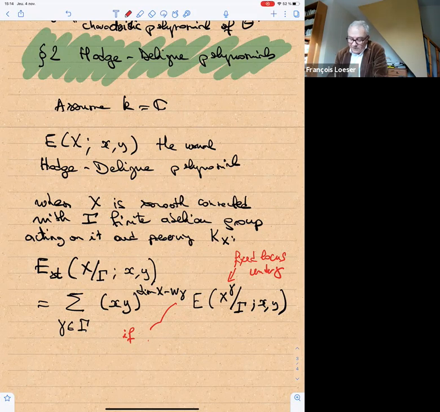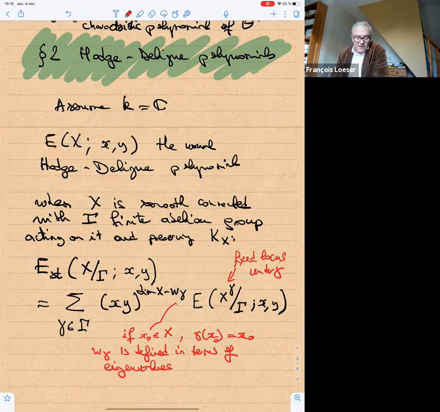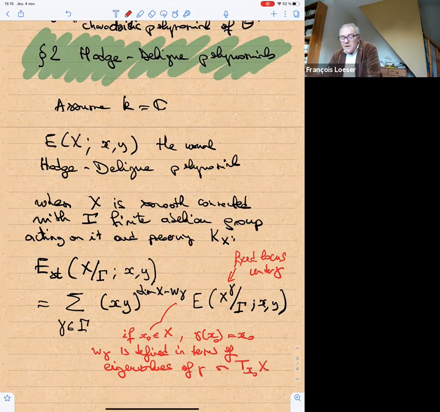Okay, so if x naught is in X and is fixed by gamma, W gamma is defined in terms of eigenvalues of gamma on the tangent space.